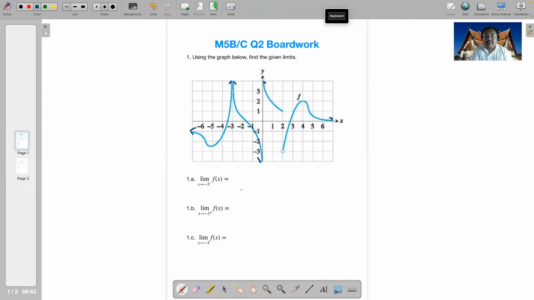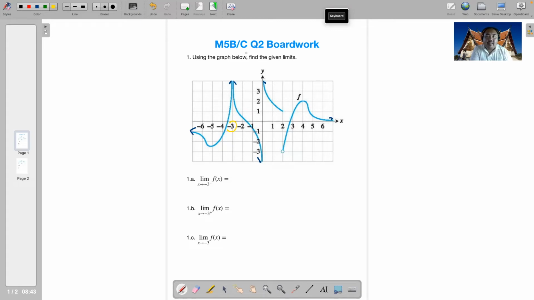Now we are tasked to investigate the limit of this function as x approaches -3 from the left. So here is our point of interest, -3, and not just that, but to the left of that. Now it's very easy to see that the function goes up, up, up, and up. This means that this function extends without bounds to large positive numbers.